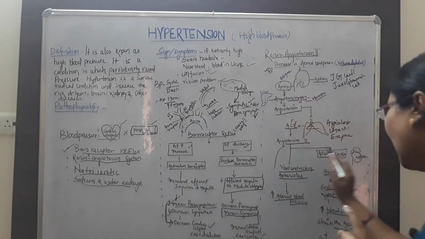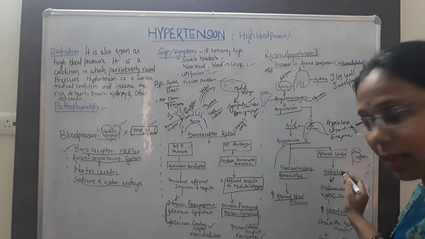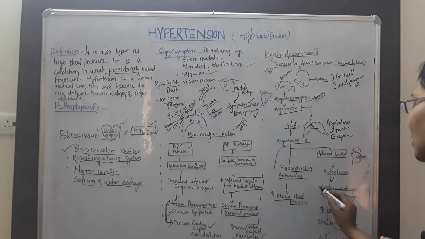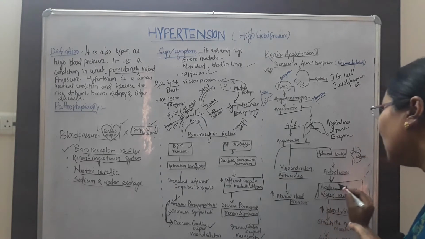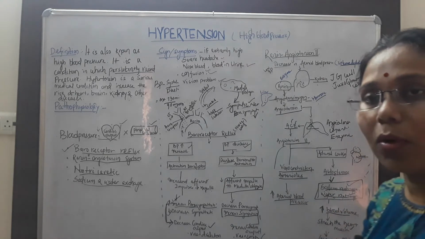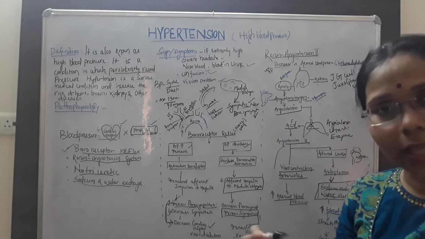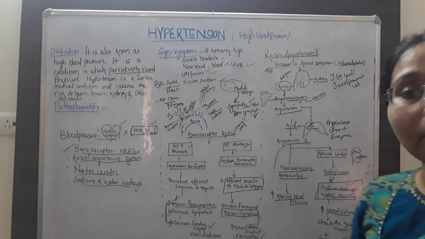Indirectly it affects the kidney through aldosterone, which helps sodium and water reabsorption. If water reabsorption is more than normal, that leads to a rise in blood volume.